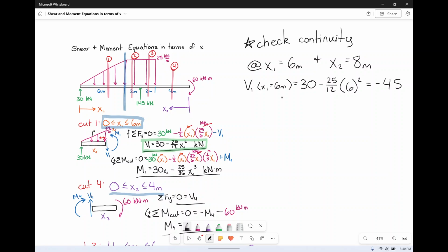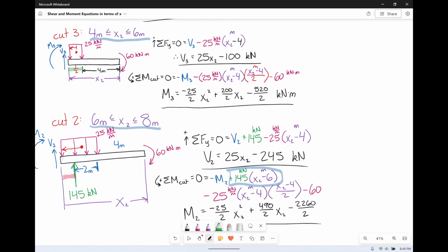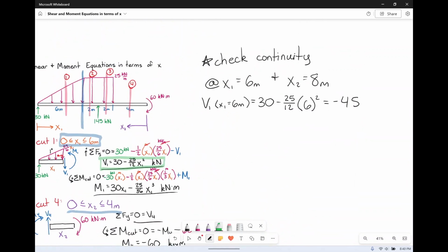Okay, what about for x2? For x2, we need to use this equation right here: 25 x2 minus 245. So we have for shear at 2, this is x2 is equal to 8. We had 25 times x2, that's 8, minus 245, that's a big number. What do you get? Minus 45. This and this are the same.